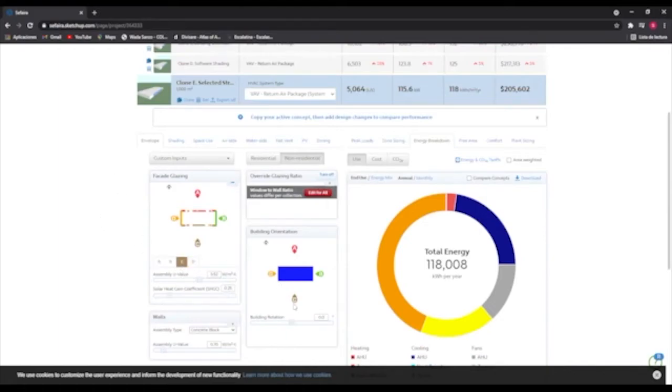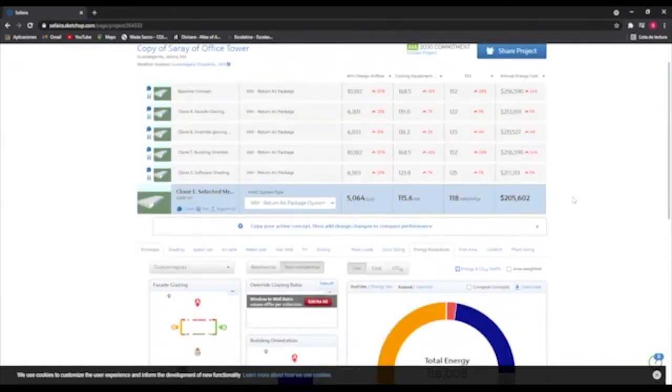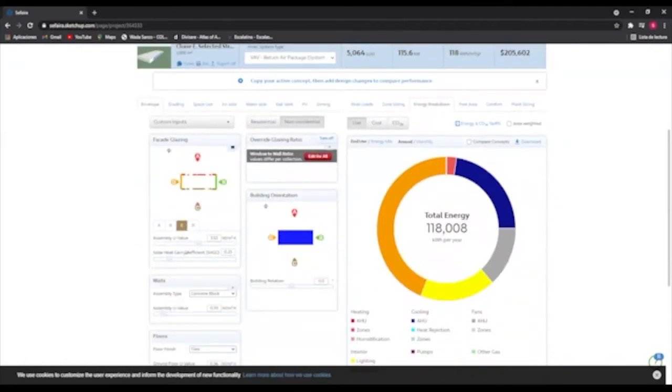But in the south facade, we decided to put a 0.25 solar heat gain coefficient, which is the $5,000 glass, and that increased our price a lot.